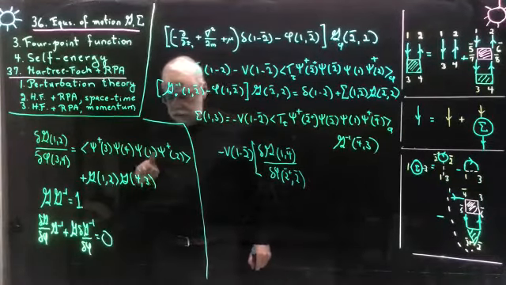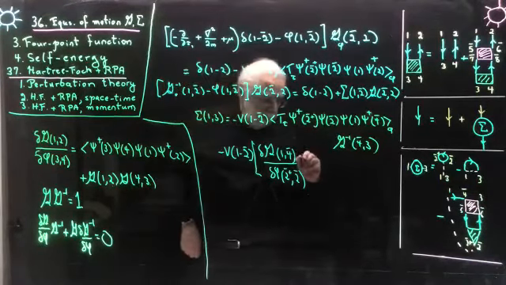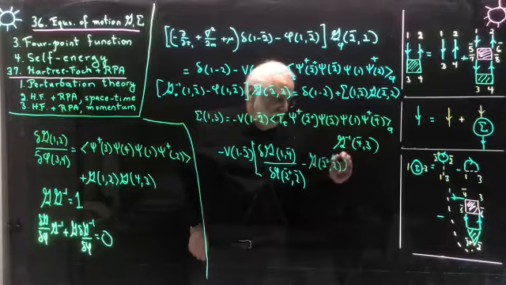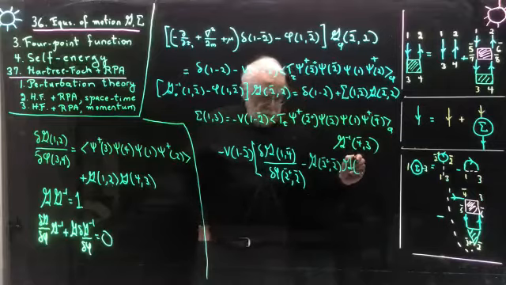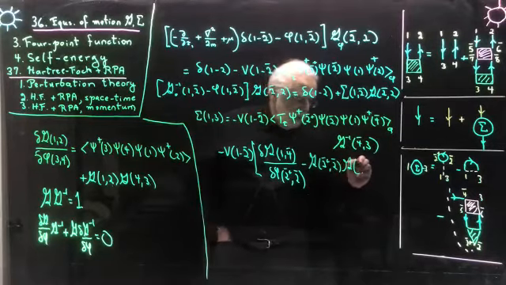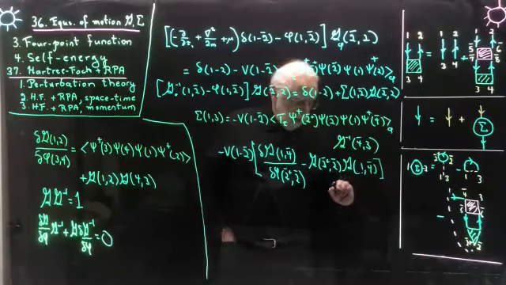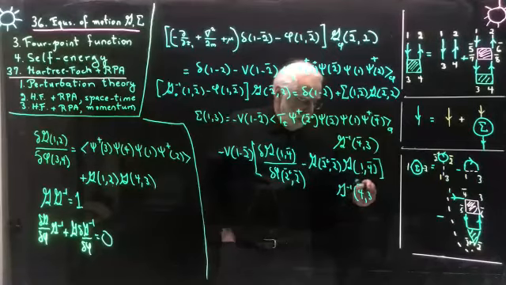But I have to be careful because there is this term also. So there is minus G of 2 bar plus 2 bar times G of 1 4 bar times G minus 1 of 4 bar 3.